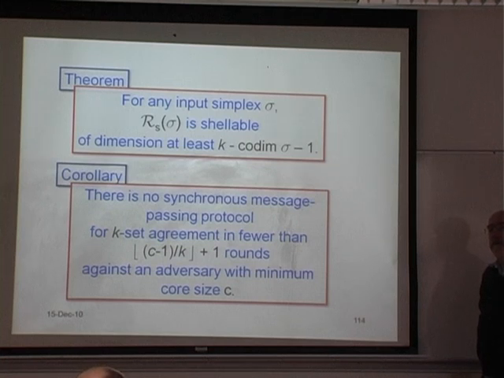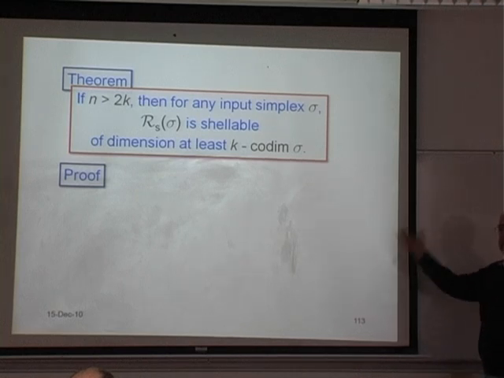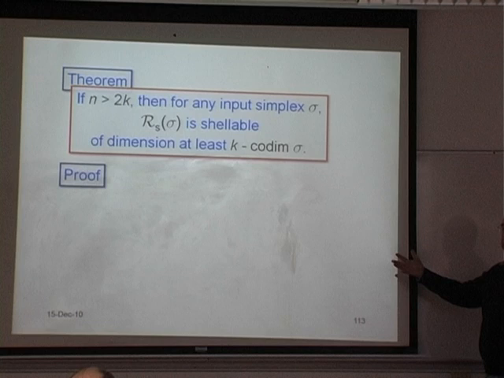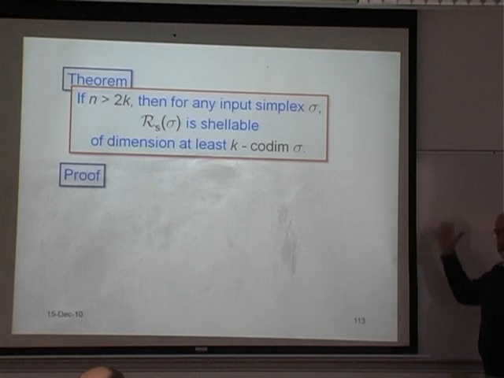Because if n is smaller than 2k, then that means that if you fail k, then you have less than k left. So that means that the adversary can fail lots and lots of processes, and it can prevent you from doing things for one round, but at that point it's sort of killed everyone and then can't do much more.